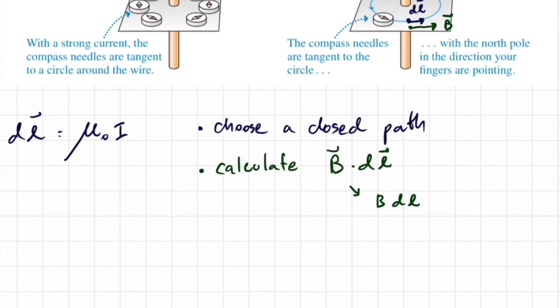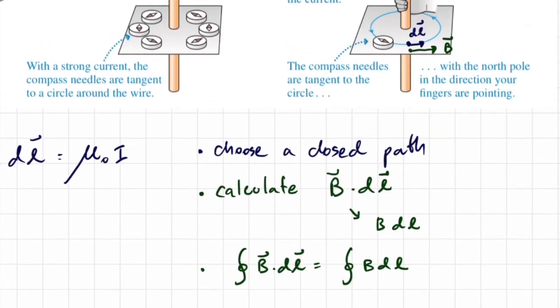Once we have this, you calculate the integral B dot dl, which now becomes just B dl, because the dot product is just B times dl. So what do you do exactly here? You need to do the same thing at every point on the path.